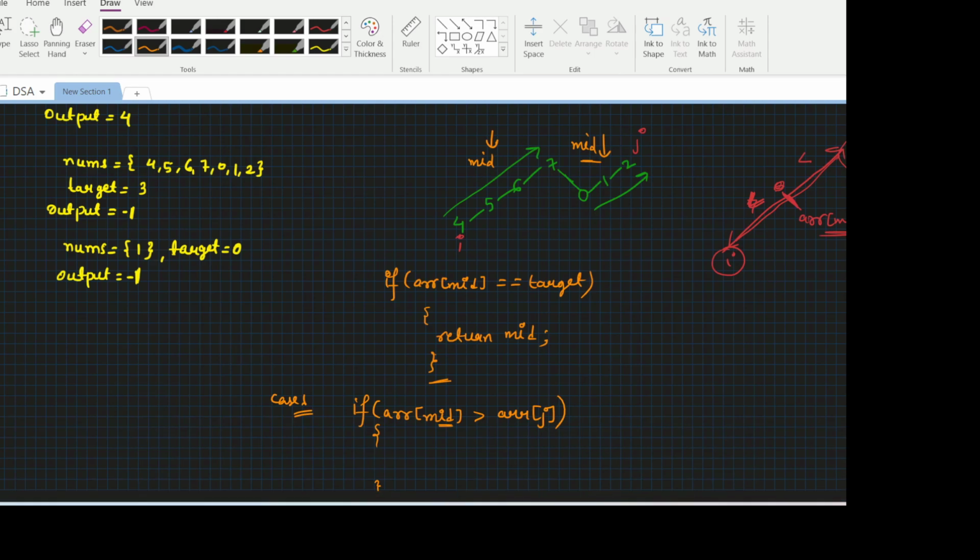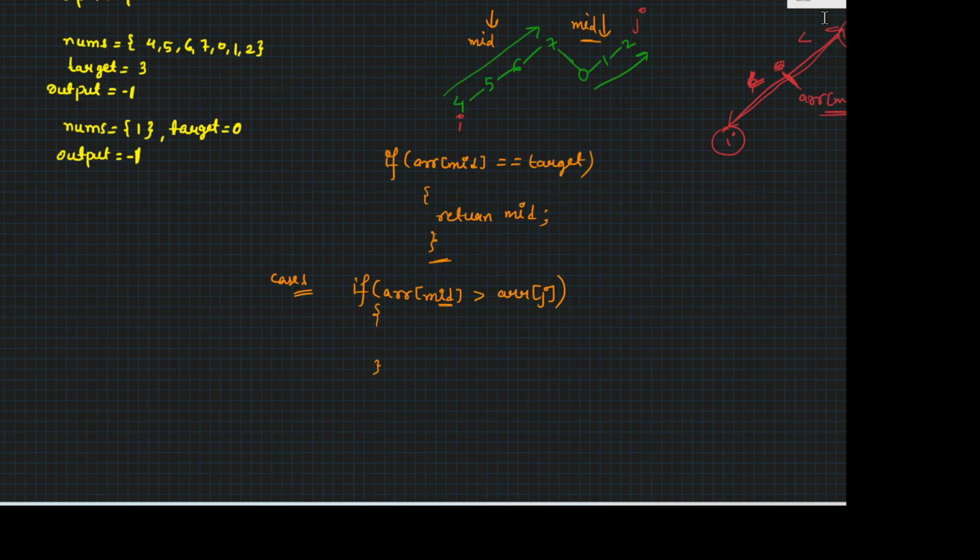Because if this is our array and it is monotonically increasing, then we know that the element after the mid will definitely be greater than the element at the mid. But here we are checking that the element at the mid is greater than the element at the last.